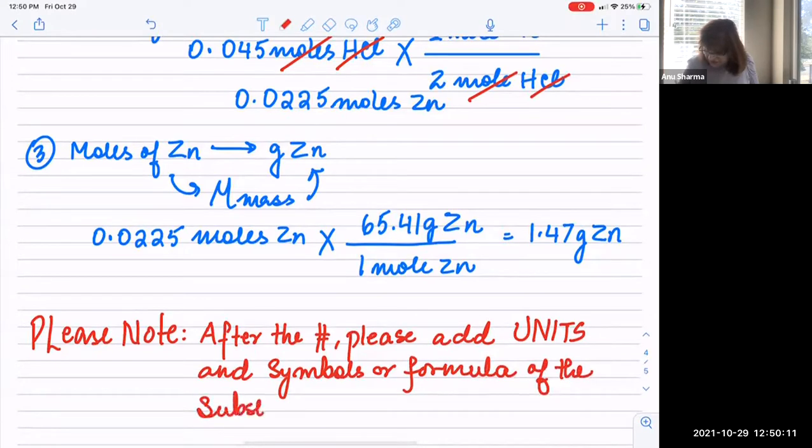Some of you are thinking that it's a math class. No, it's a chemistry class. You always need to note in what context you are using these numbers. So that's the answer from the book also.